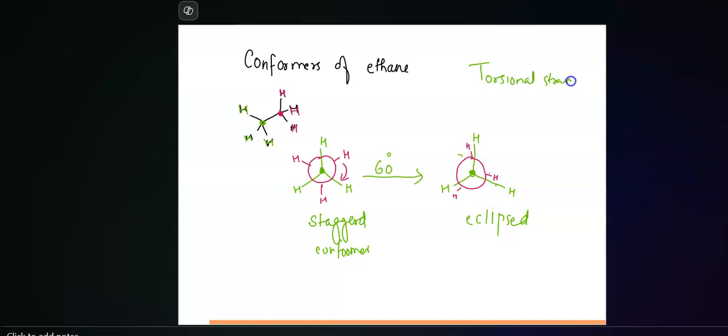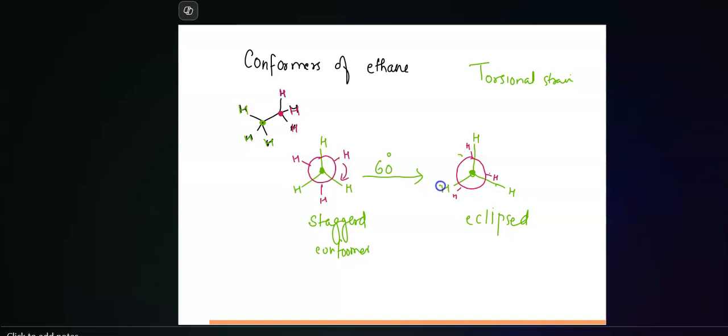In an eclipsed conformer, there is torsional strain between the hydrogen atoms, caused by the interaction of the carbon-hydrogen bonding orbitals with the carbon's anti-bonding orbitals. The major factor is an interaction between the CH bonding orbitals on one carbon with the anti-bonding orbitals on the adjacent carbon, and this makes the staggered conformer more stable because the hydrogen atoms are not as closely interacting as in the eclipsed conformer.